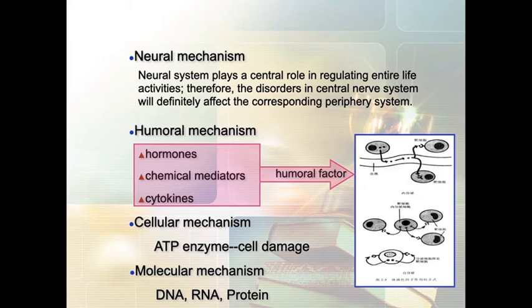And cellular mechanism is the ATP enzyme, and any imbalance or disturbance of this ATP enzyme level can lead to cell damage, because ATP is the direct energy a cell can use. And molecular mechanism: DNA, RNA, protein level, and you know how important and how popular it is in the field of science.